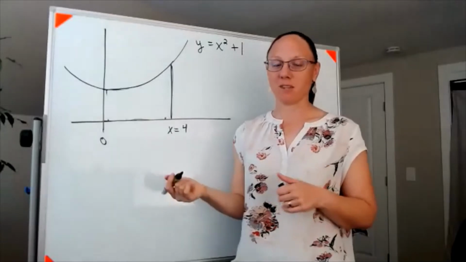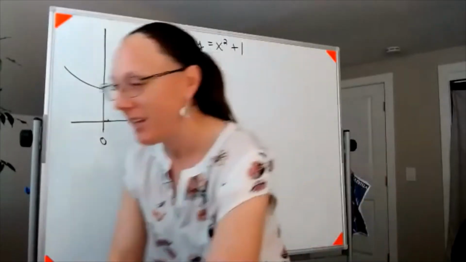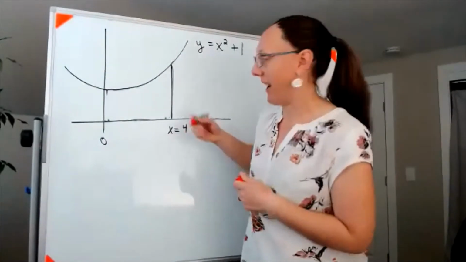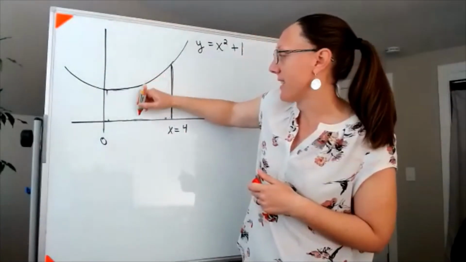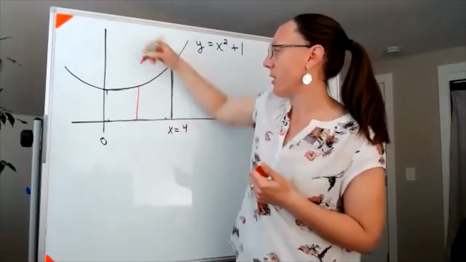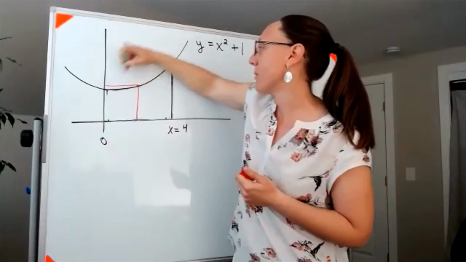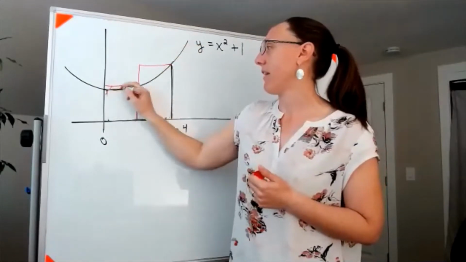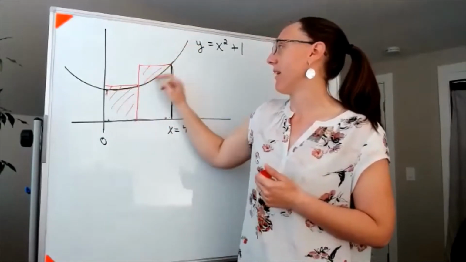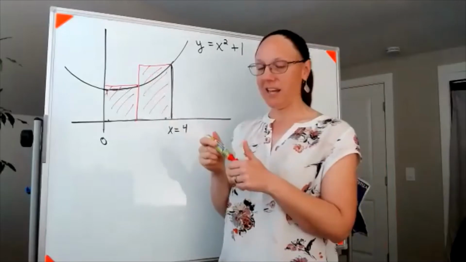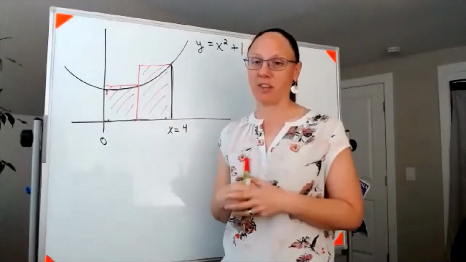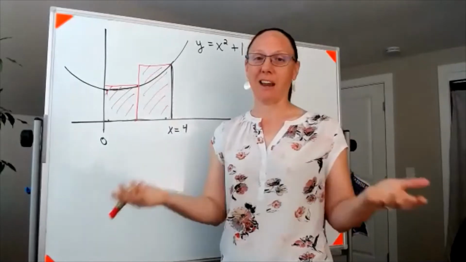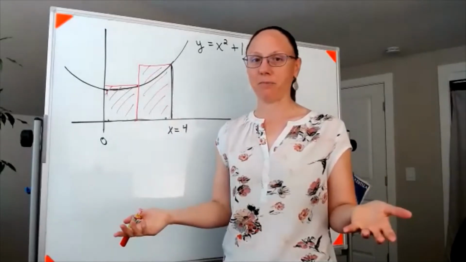So mathematician comes in here and says, well, it's not going to be exactly the area I want, but if I were to cut this in half and just think about approximating that with some rectangles, and I found the area of this rectangle, and I found the area of this rectangle, it wouldn't be a perfect match for the area I wanted, but it'd be fast to calculate, and it maybe wouldn't be terrible.